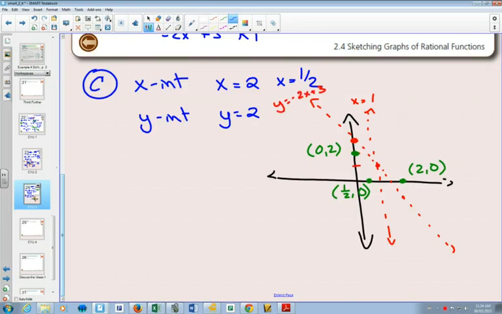So now to decide whether or not we need more points, we look at our vertical asymptote. We only have one vertical asymptote. Do we have points already to the left of that vertical asymptote? Yes, we have 2 of them. So that means we know it's got to approach our asymptote there, and it's got to approach our asymptote there.